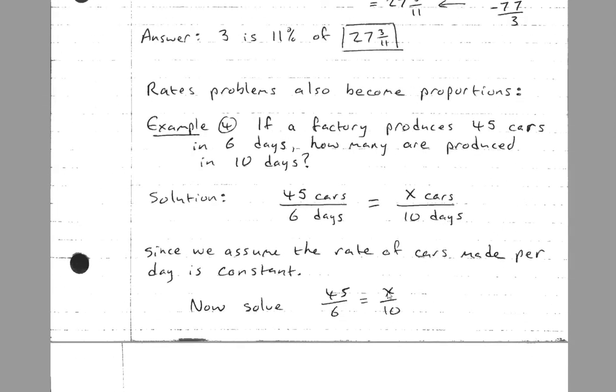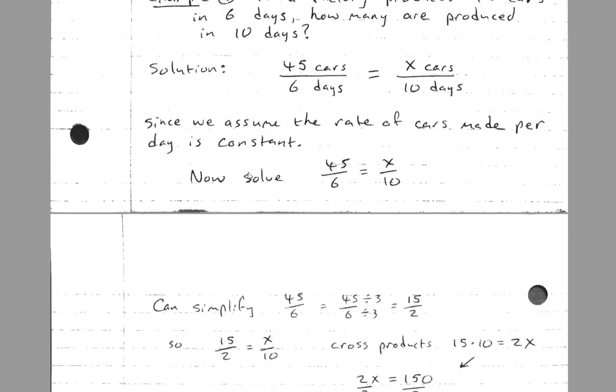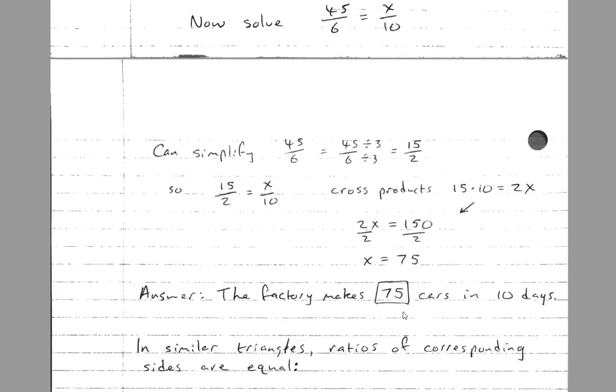Okay, 75 cars. And yeah, you can see that makes sense. So 45 cars in 6 days, so the factory would make 90 cars in 12 days. And a bit less than that, 75 in 10 days. Yep.